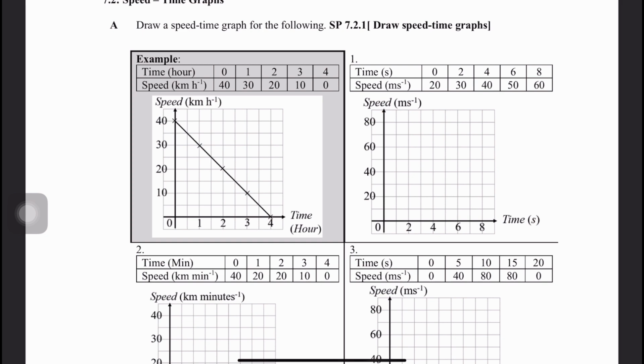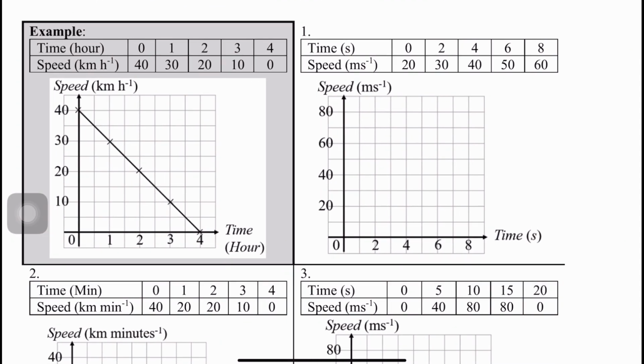So let's try number one. Over here you have time in seconds and speed in meters per second. Let's plot the points.